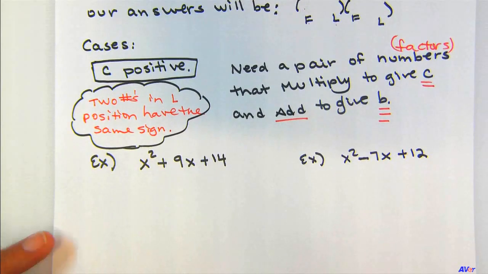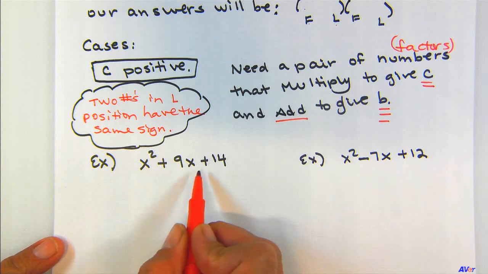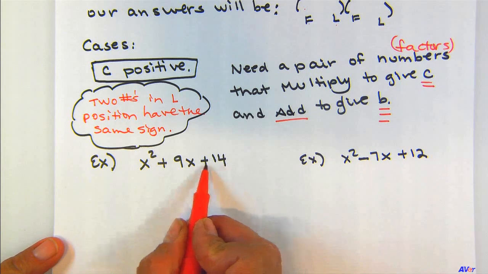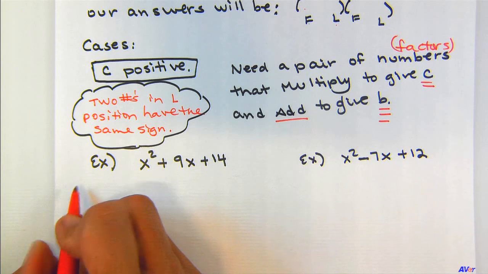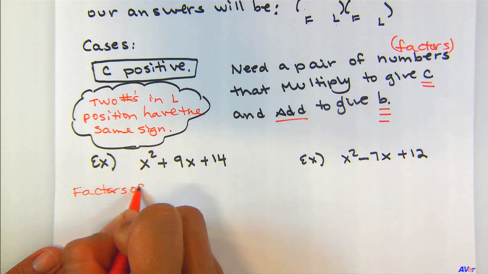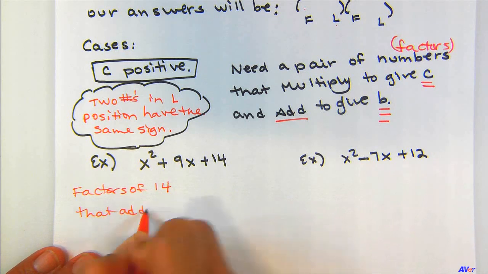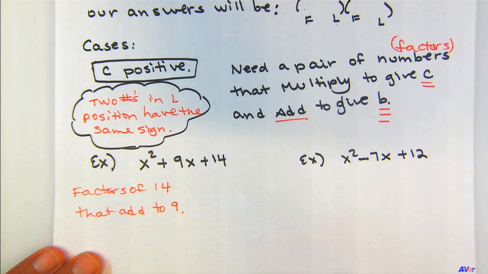X squared plus 9x plus 14. A is 1. C is 14 and it's positive. So we're looking for a pair of factors. We need factors of 14 that add to 9. Okay.